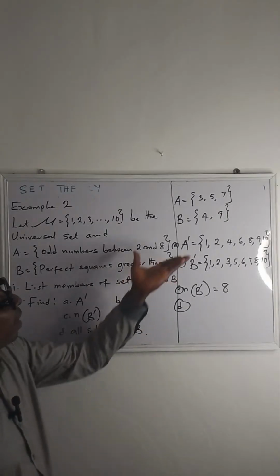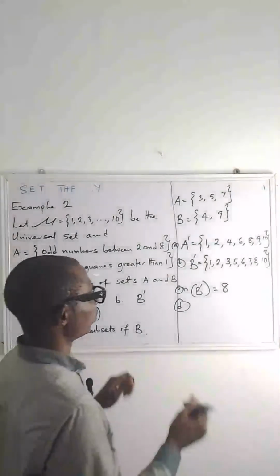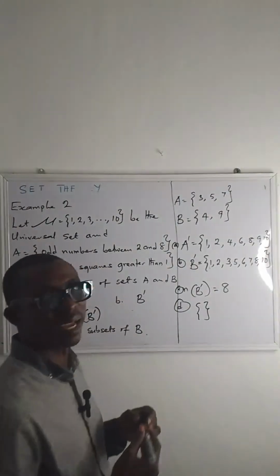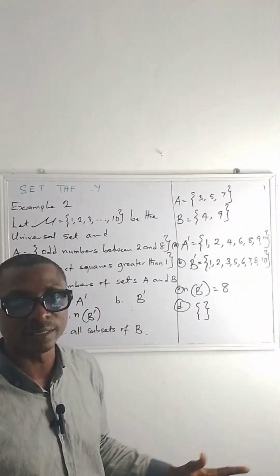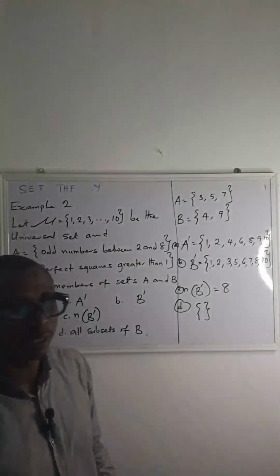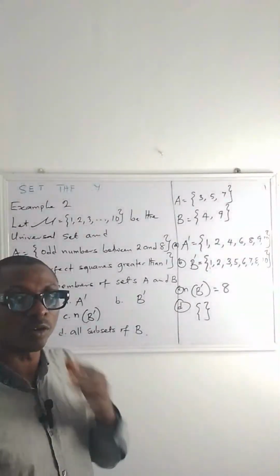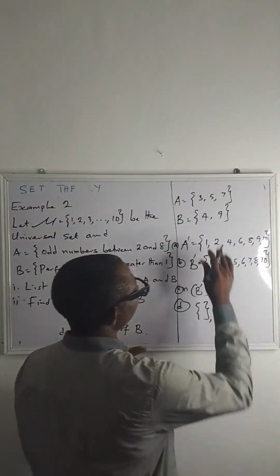So now let's look for all subsets of this set. The first is going to be the empty set. Please note that the empty set is a subset of all sets. So now followed by a set of 4.